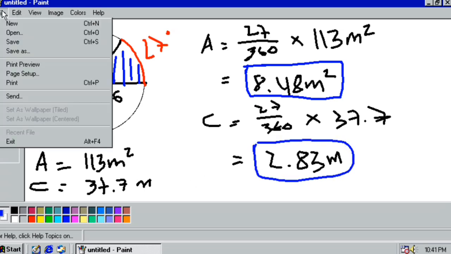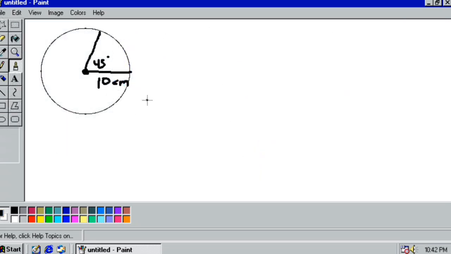Now let's have another example. Let's find the area and the circumference of a 45-degree sector. You can try it if you want to. Let's find the area first. If we recall, the area is pi r squared.